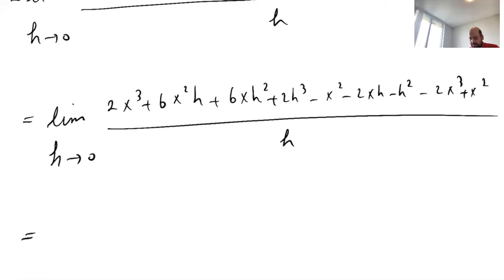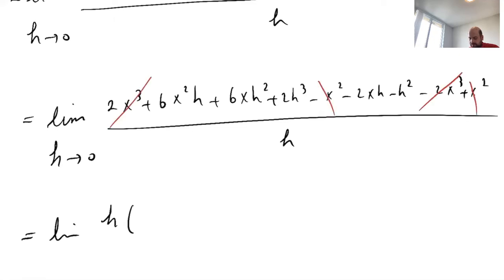Now if we simplify this further, 2x cubed and minus 2x cubed cancel. x squared and minus x squared cancel. So in the limit, I can take h out. This one is already canceled with this, and this one canceled with this.